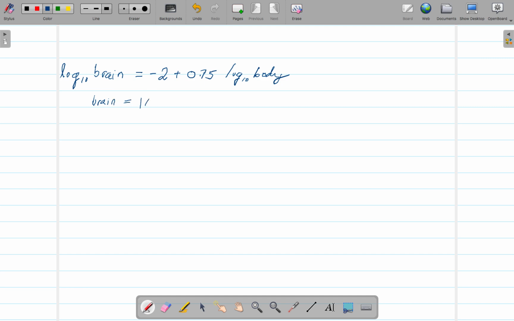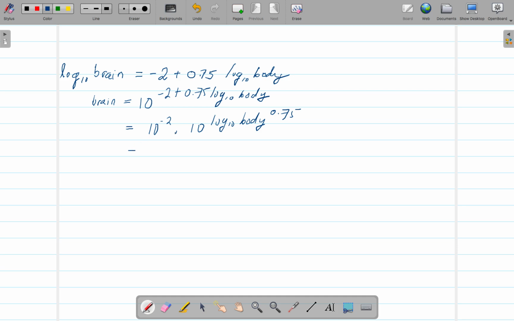So you take 10 to the power of -2 plus 0.75 log base 10 body, which is basically 10 to the power -2 multiplied by 10 to the power of 0.75 log body, right?